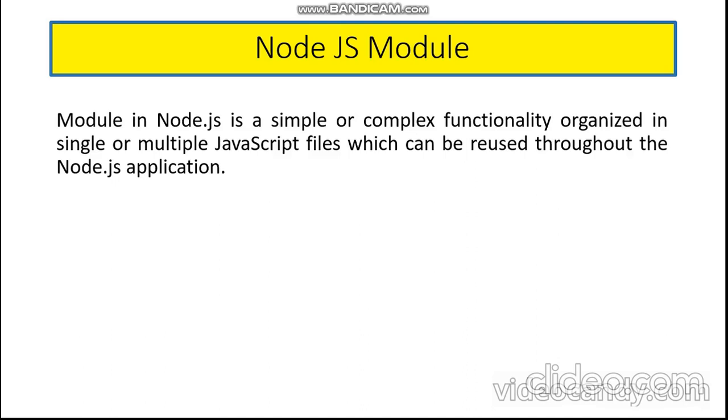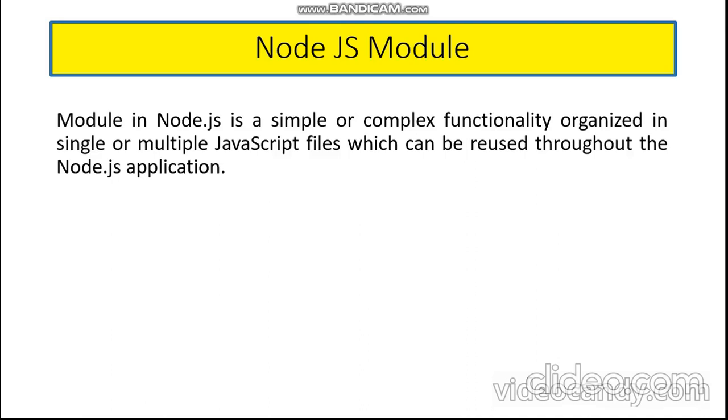This functionality involves several steps, such as retrieving the user's shopping cart, verifying the availability of each item in the cart, then calculating the total order amount including tax and shipping fees, also updating inventory levels, and also recording the order in a database. So based on this functionality, we organize it in a single or multiple JavaScript files. These files we can reuse throughout the Node.js application.